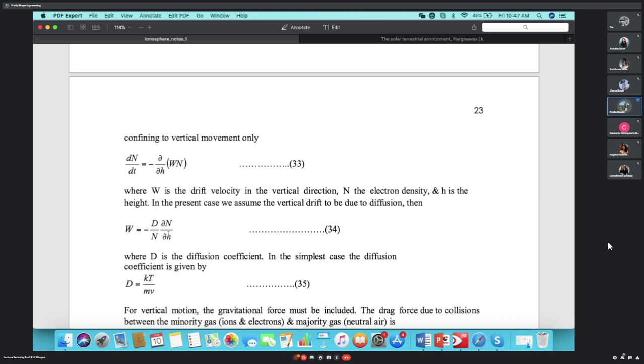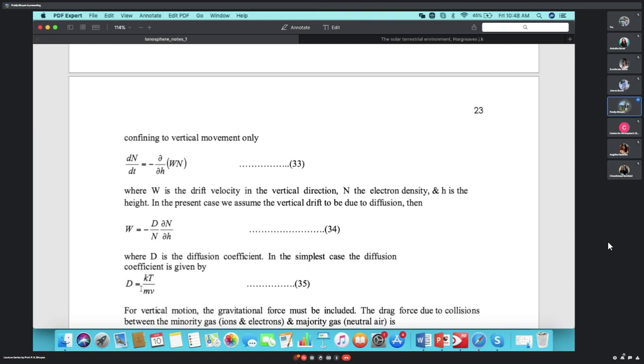What is this d? This is the diffusion coefficient. If you have come across this diffusion coefficient earlier, I am not sure. Maybe you have. We can write this diffusion coefficient d in its simple form as kT by mv, where v is velocity.